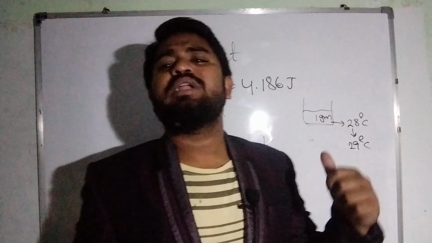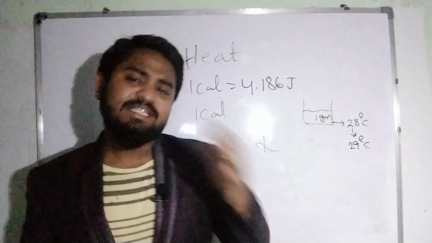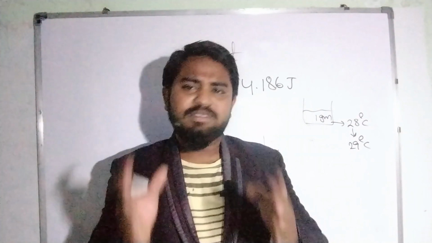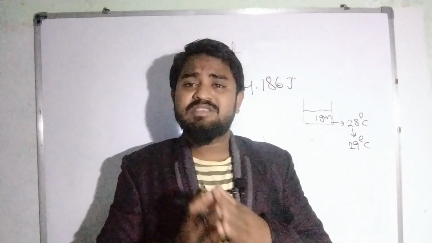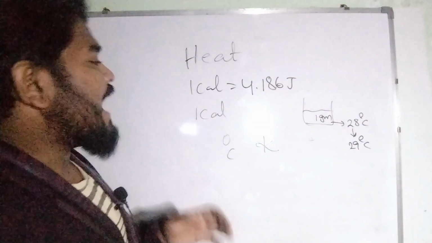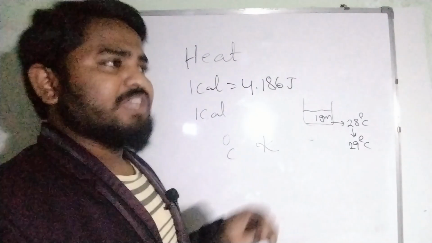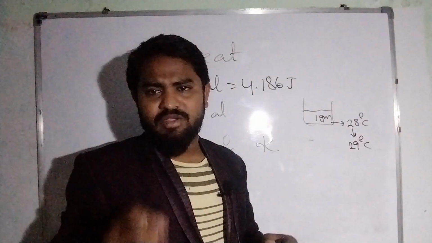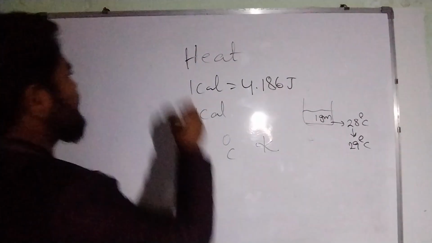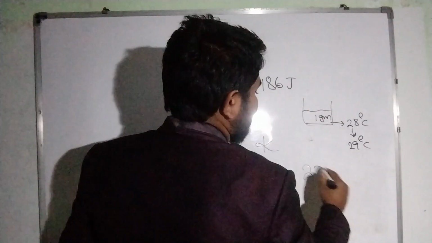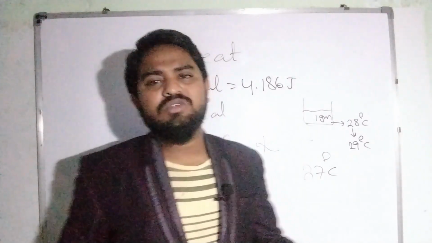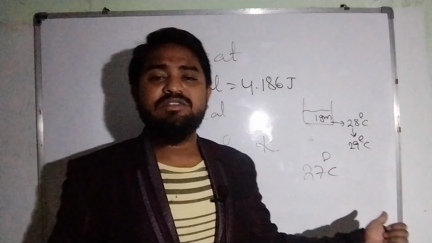Here it is very important to know the conversion of temperature from degree Celsius to Kelvin and Kelvin to degree Celsius. Do remember that when they ask you to convert temperature into kelvins from degree Celsius, you must add 273. Actually we have 273.15, but 273 is enough as an approximation. For example, let's convert 27 degrees Celsius into Kelvin.